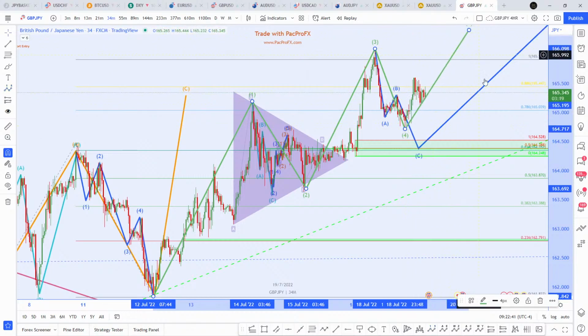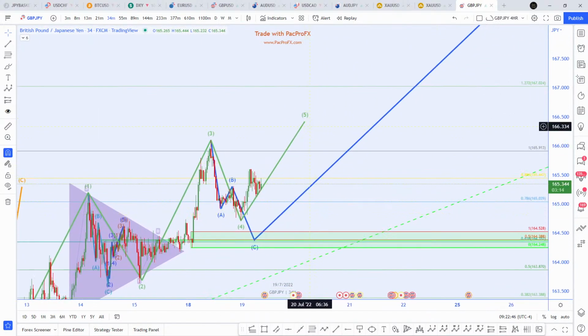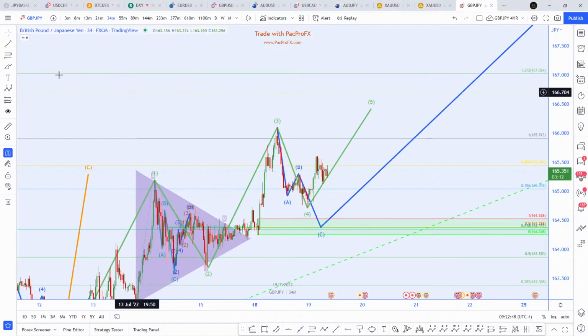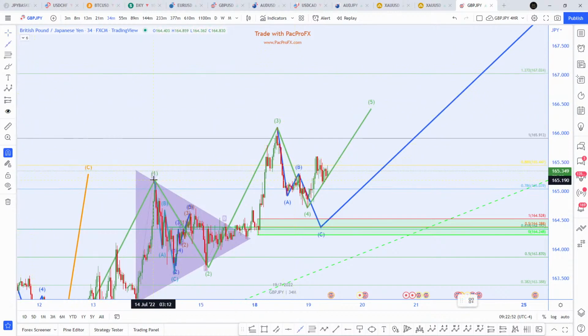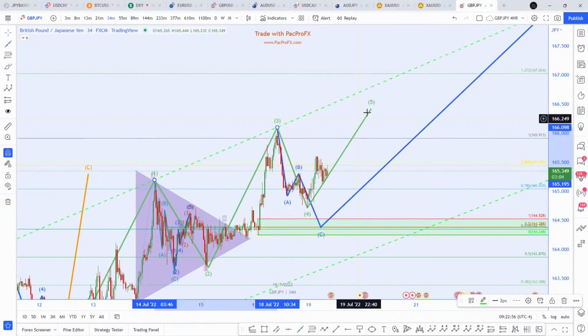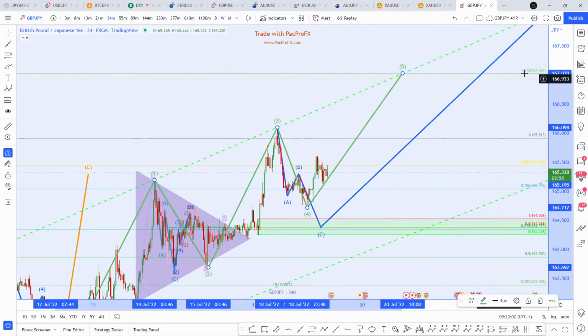And we'll probably go up a little bit more. Let's see where we can find that, right up here at the 1272 area.